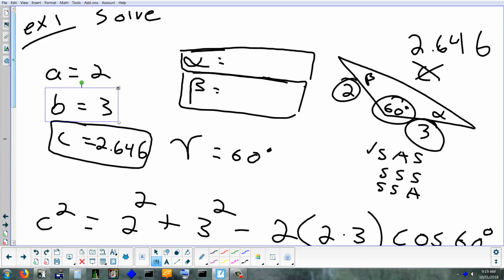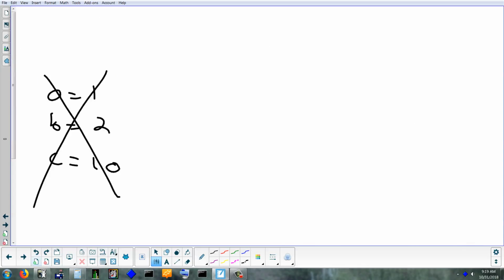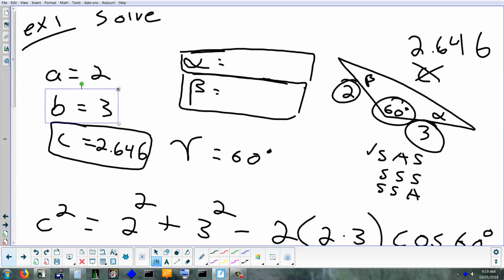So if they gave you a problem with sides where you add up any two sides and they're not bigger than the third, that's not going to work. I'm not going to give you one like that, so you don't have to worry about it. It is possible in some textbook somewhere they could, or on a test, but I'm not going to give you one like that. So all of mine will have one solution for law of cosines.